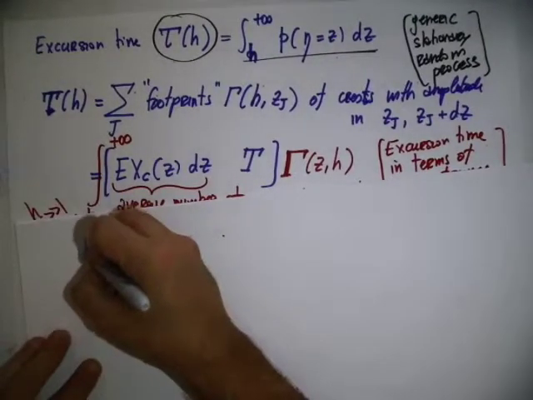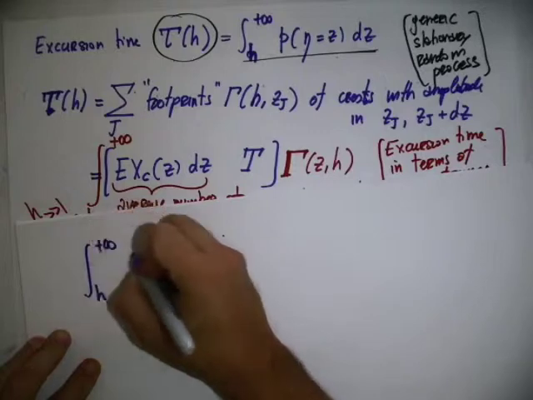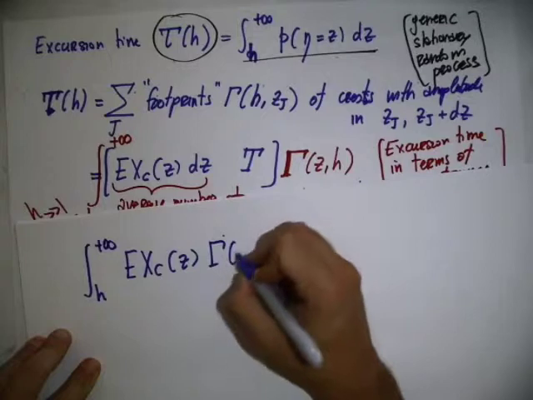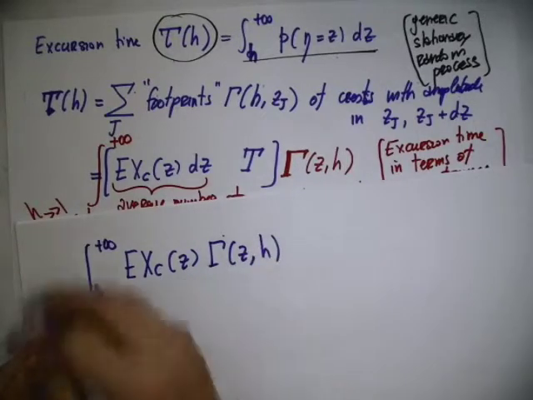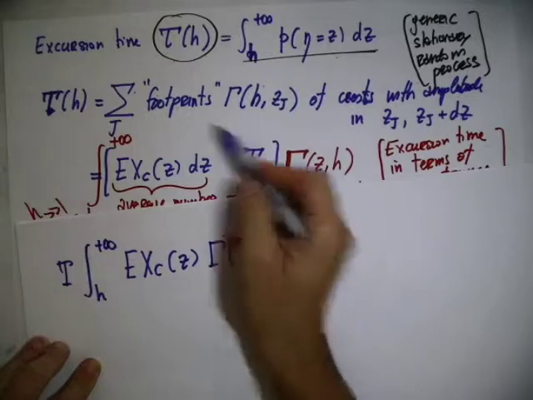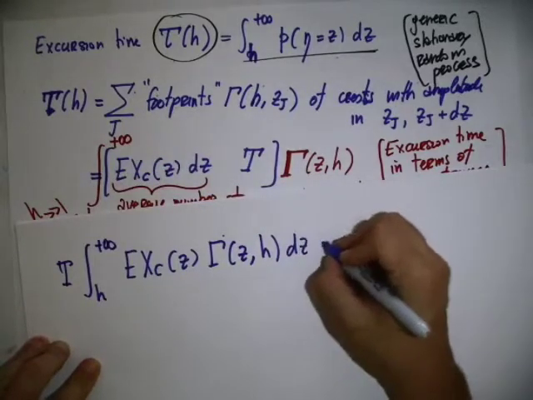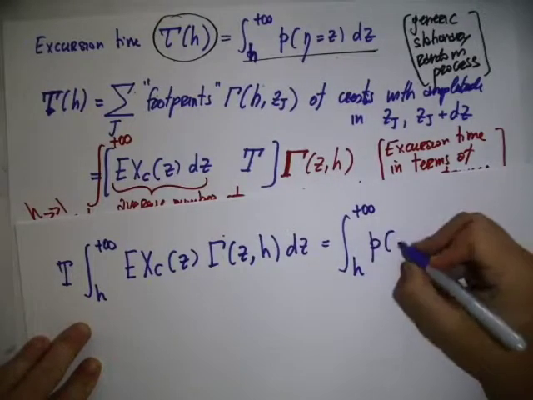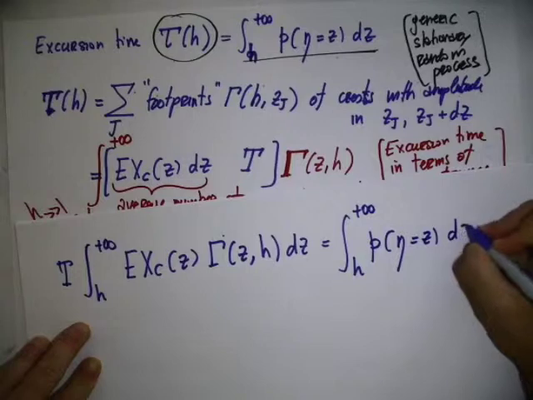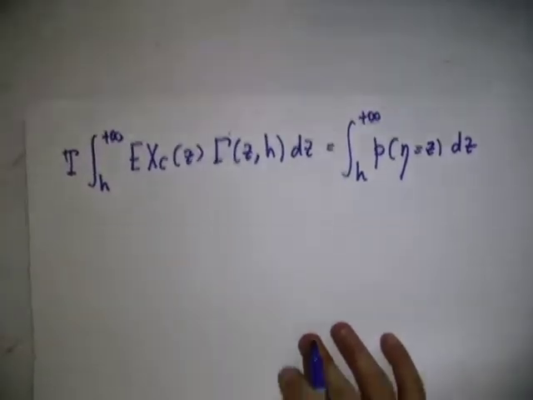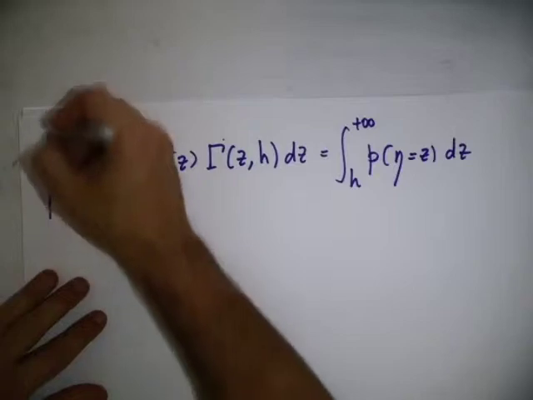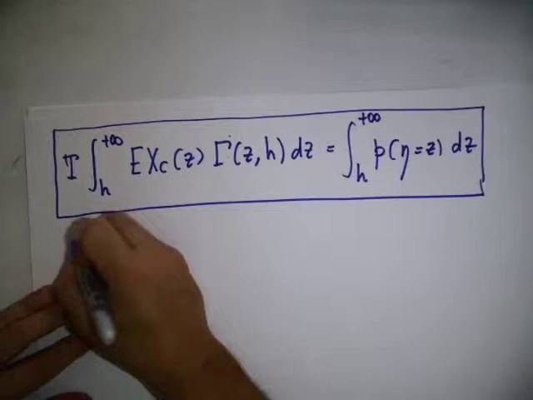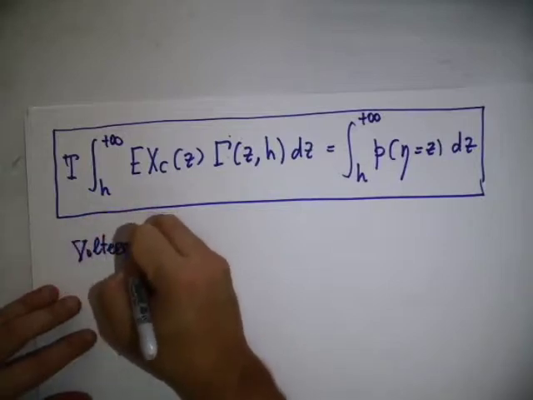We have that the integral between h and infinity of exc z tau zh times T, I can bring T outside, in delta z, has to be equal to the integral between h and infinity of the probability of eta equal z dz. What we got here is a Volterra integral equation of second kind.